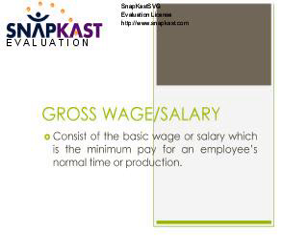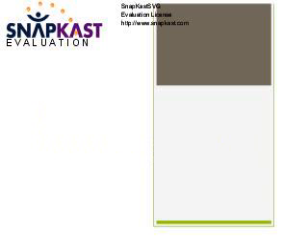I would have explained at the time that an employee's gross wage or salary may consist of the basic wage or salary, which is the minimum pay for an employee's normal time or production. Let's explain that concept.